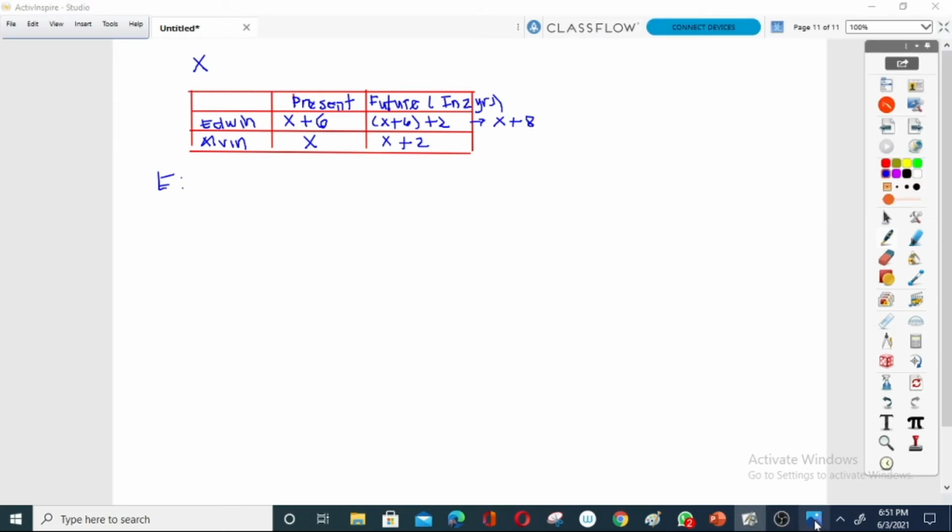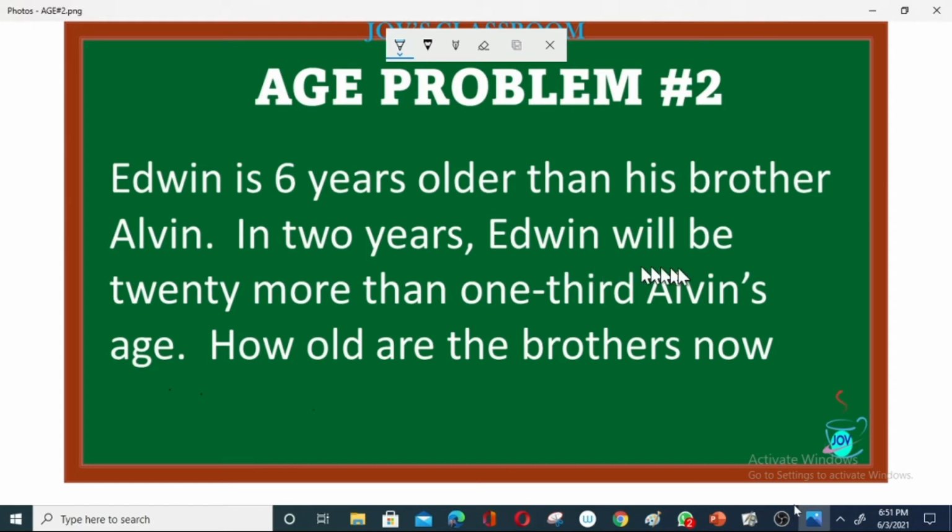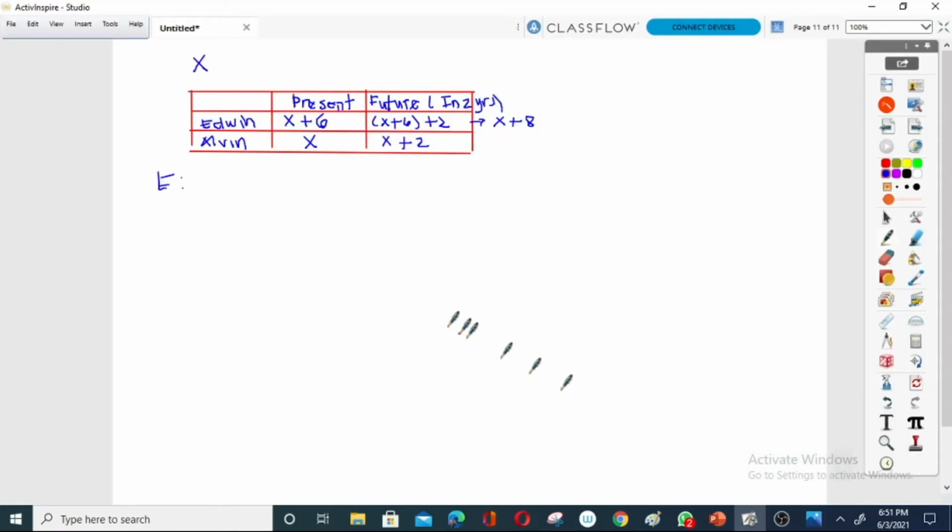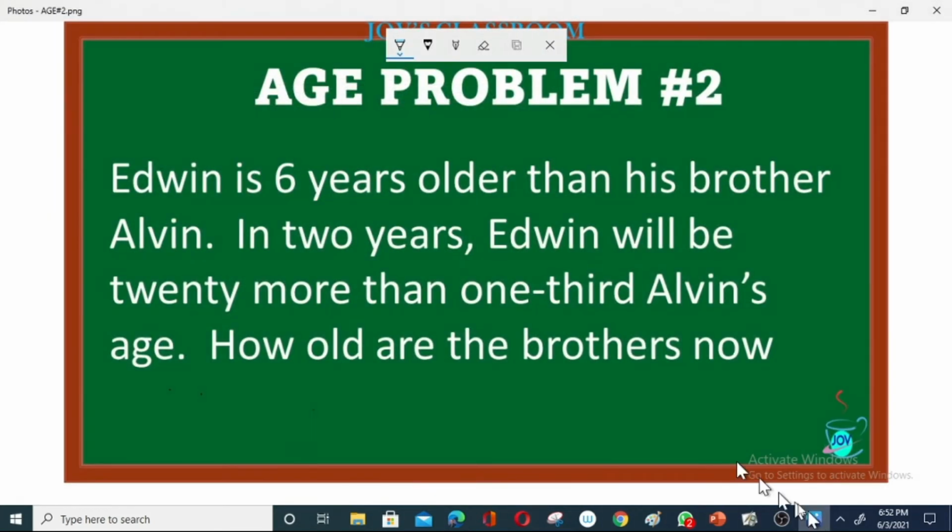Okay, so let us translate again. In 2 years, Edwin will be Edwin. So what is the age of Edwin in 2 years? Edwin will be x plus 8. Will be means equal. Edwin will be equal to 20 more than one-third of Alvin's age.